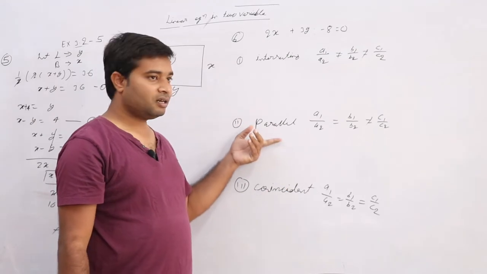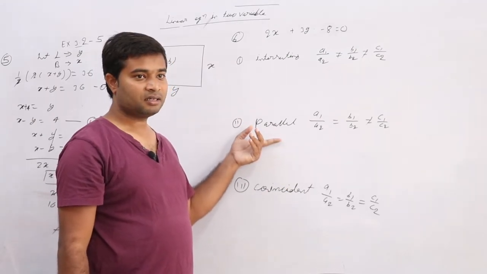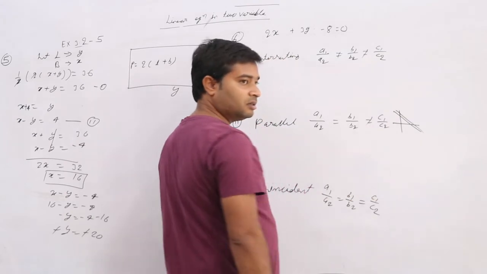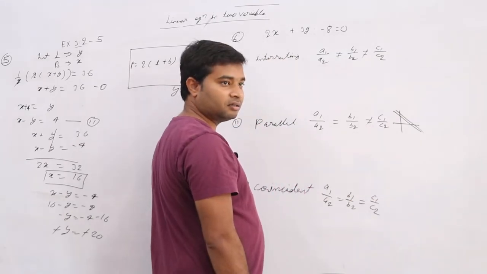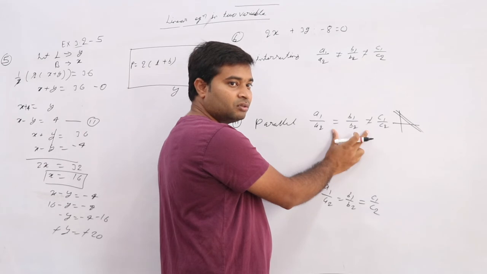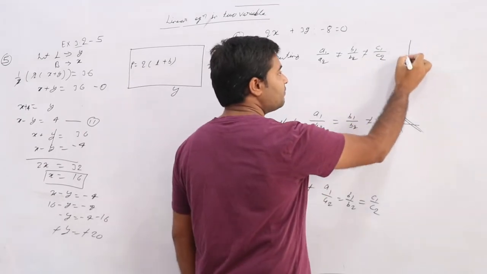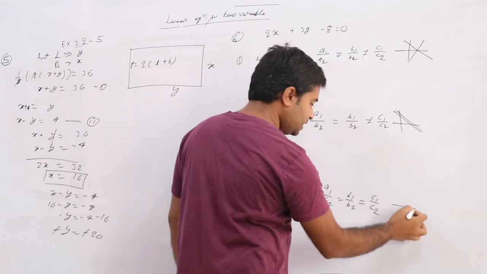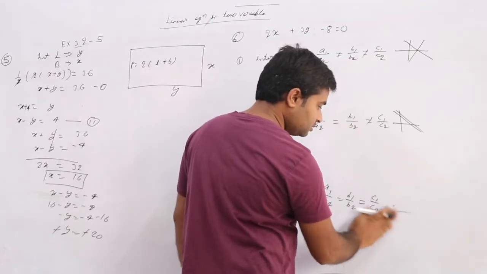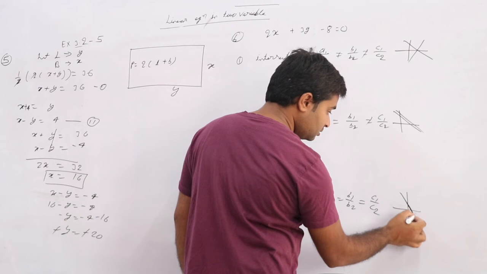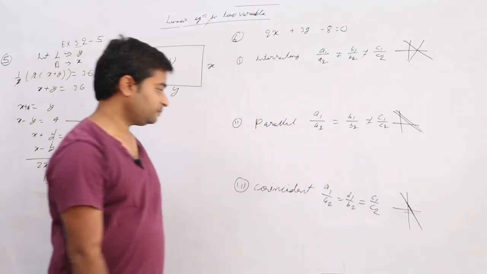This is parallel. Parallel means? Here you will get no solution. Here you will get a solution, here the graph will be cutting at some place. And here the graph will be on top, coincident.